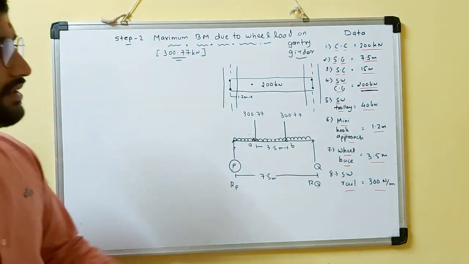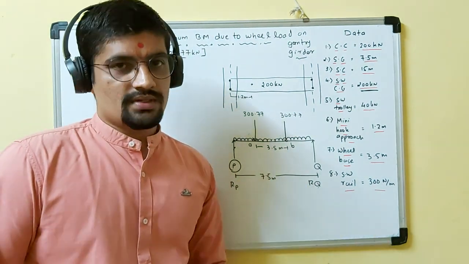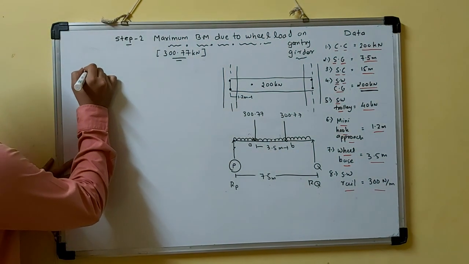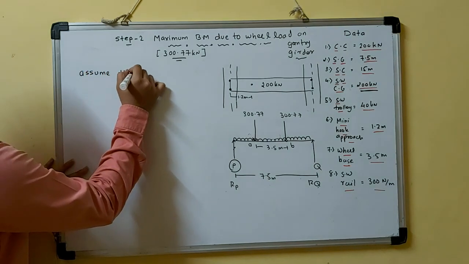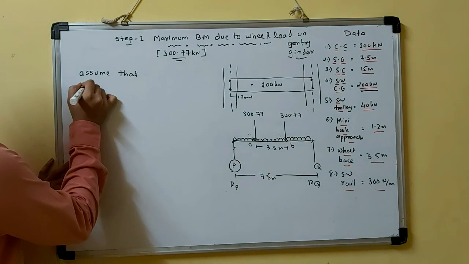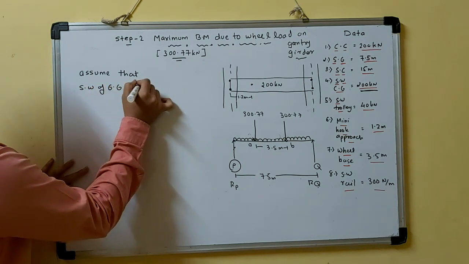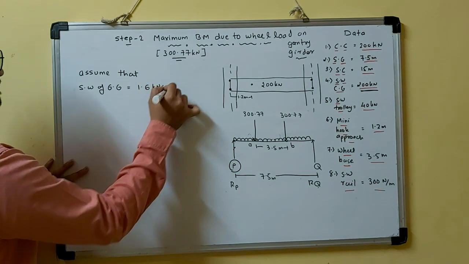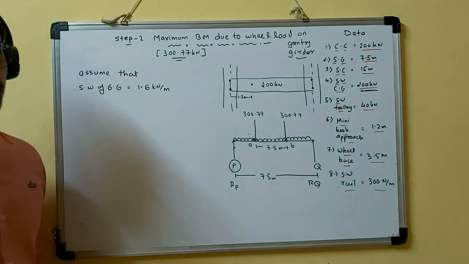But in the question the self weight of the gantry girder is not given. So let us assume that the self weight of the gantry girder is equal to 1.6 kilonewton per meter. This is a fixed value you can assume.